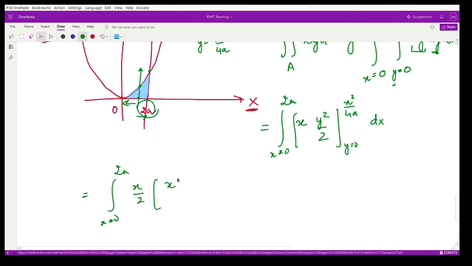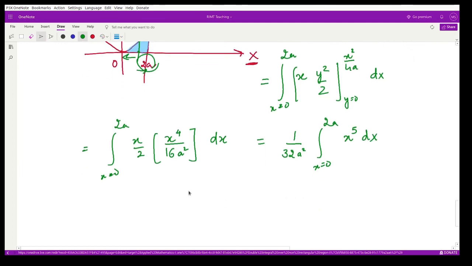So it would be x to the power 4 divided by 16a square, and when you substitute 0 you have 0 here. So it is equal to 1 upon 32a square outside, and then the integration of x to the power 5 dx, x varying from 0 to 2a.